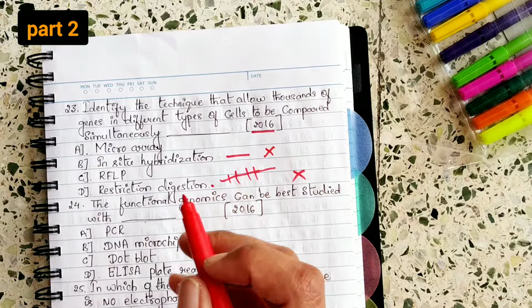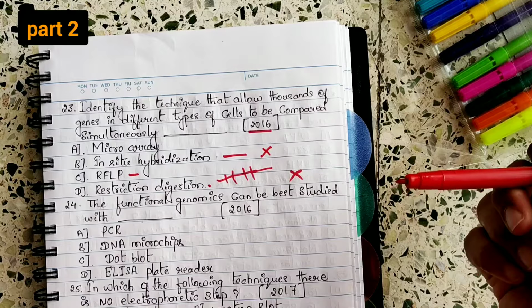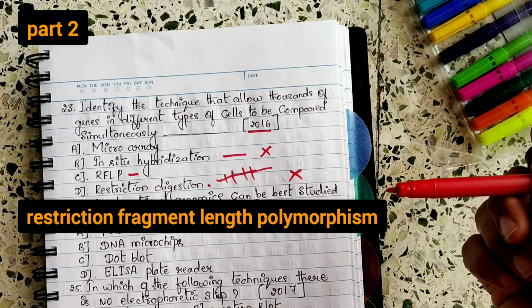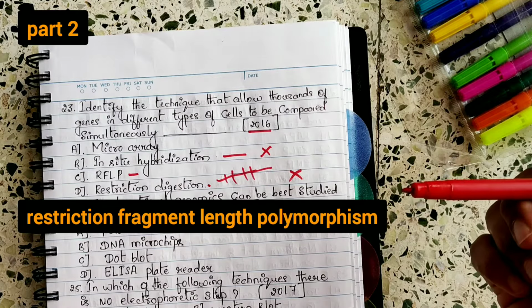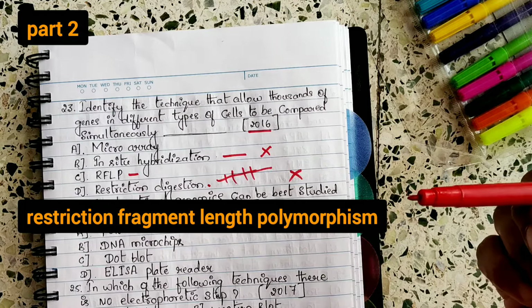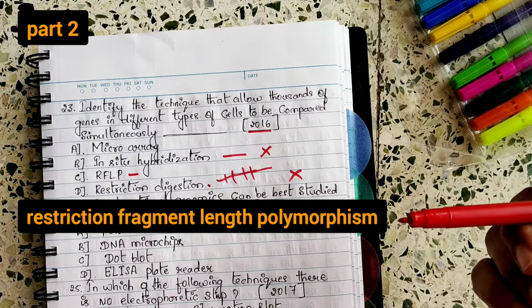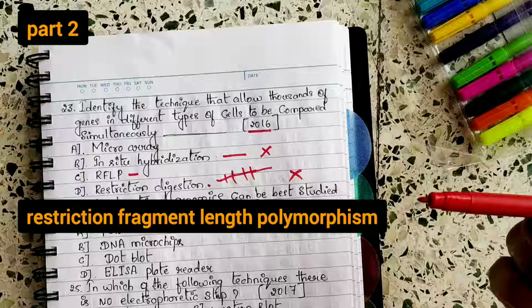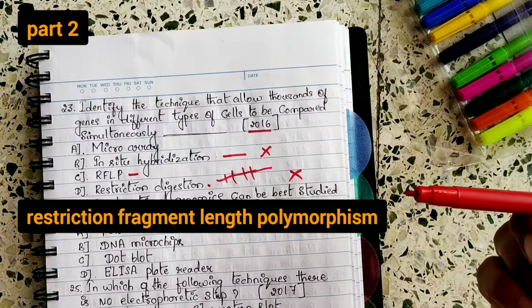Then the next one is RFLP. The full form of RFLP is restriction fragment length polymorphism. This is a genetic analysis that allows an individual to be identified based on the unique pattern of restriction fragments. It is a forensic method to analyze the DNA.